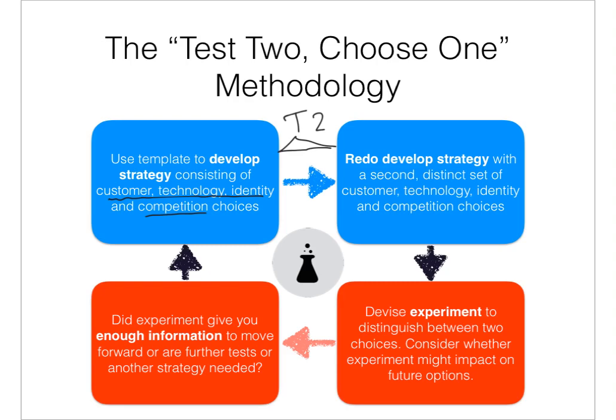Of course, once you choose one, then you're going to devise an experiment later on down the track to distinguish between the 2 choices and think about, well, if I did this, how will I learn enough about whether to proceed? And then I may experiment again until I learn. Now, some of those experiments, of course, will be things that you can do repeatedly without cutting off options. In other cases, it may be that you may have to go to full implementation of one strategy or some partial implementation of it, which may actually undermine your ability to do future strategies. So that has to be part of what you're doing here as well.